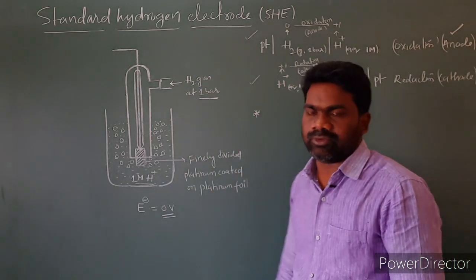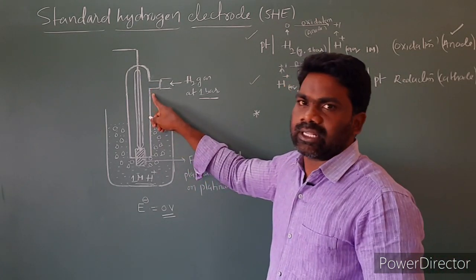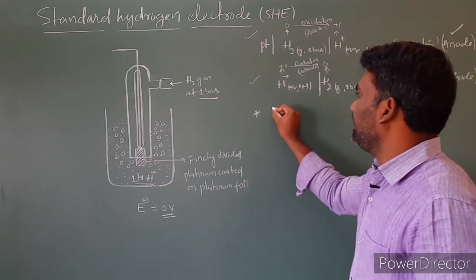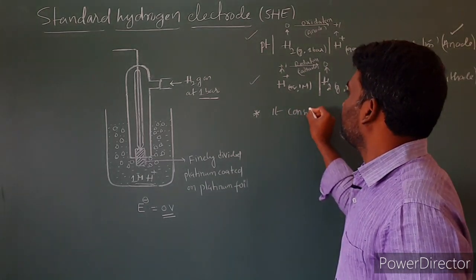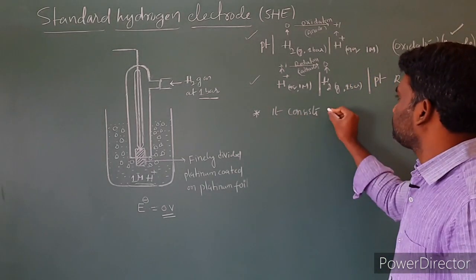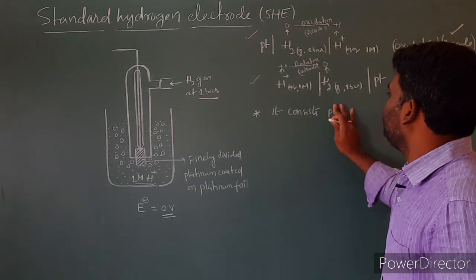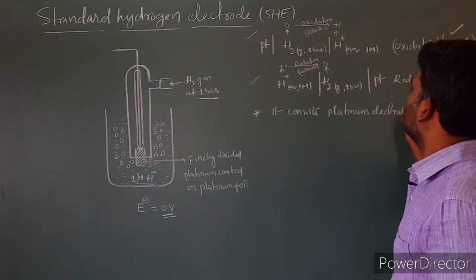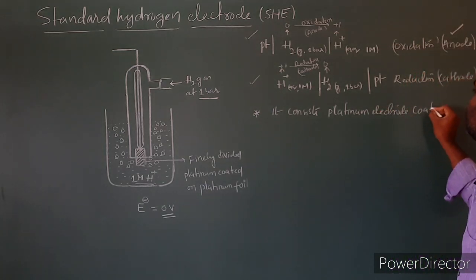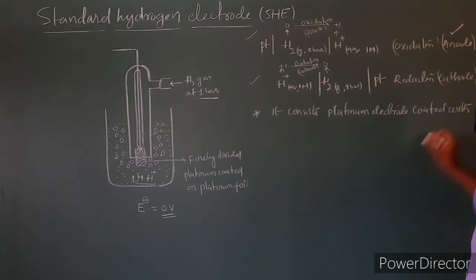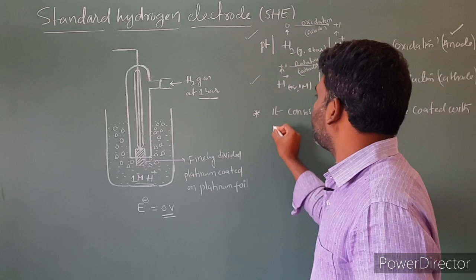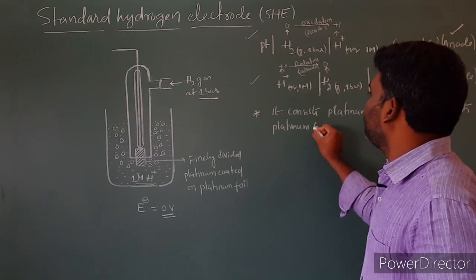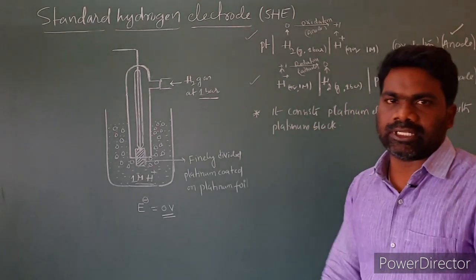Point number 1: the standard hydrogen electrode consists of a platinum electrode coated with platinum black.